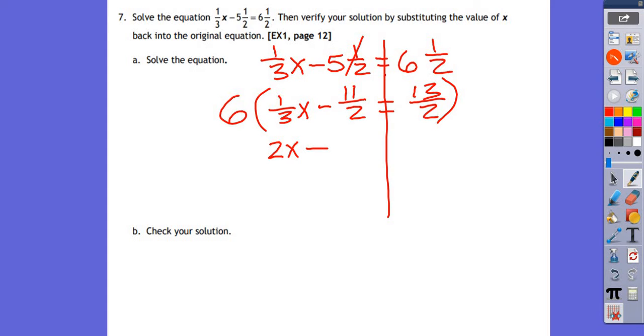Divided by 2 is 33. 6 times 13 is, wait, hold up. I want 78. What's 3 times... Yes. 78 divided by 2 is 39. Do I have any fractions now? No. That will be very helpful for your math future.